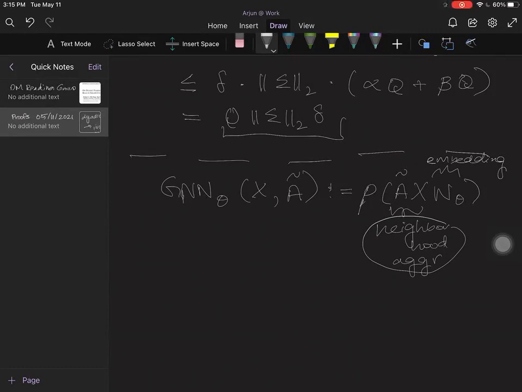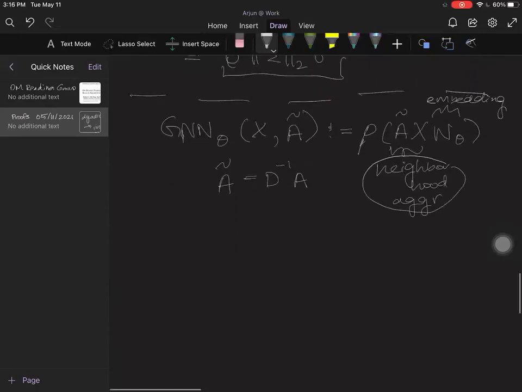But in the case of this paper, we're doing aggregation first and then the embedding step. And the analysis can be carried out for other normalizations. But in our case, we're going to look at the normalization in which this A tilde is equal to the degree normalized adjacency, so like the random walk matrix.